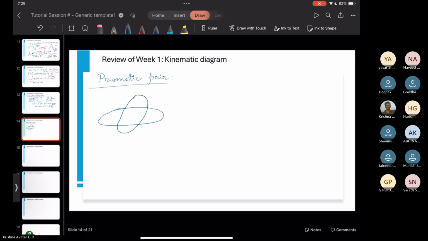and it has some crevice, and the other body has something fixed here, something like a cuboid like structure. So there is some cuboid, and what he calls is slider.